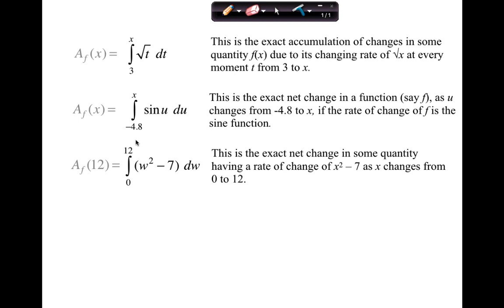So I mentioned it here without naming it. I said some quantity, so that is f. I just didn't name it. Other questions?